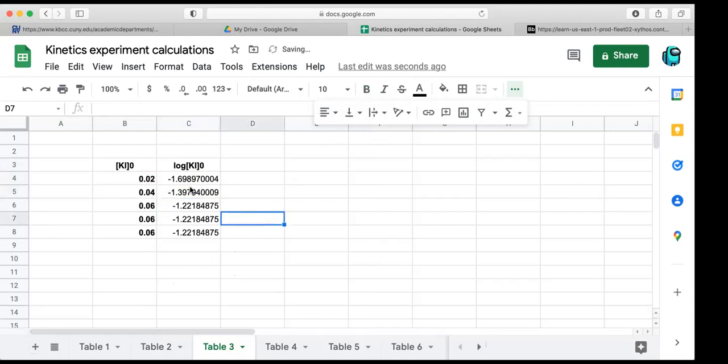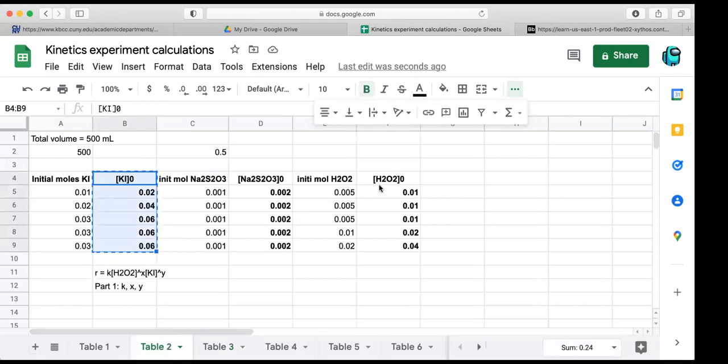Okay, so now notice, it's changing from experiments 1, 2, 3, not changing from 3, 4, 5, but that makes sense, right? Because if the concentrations aren't changing, the log of it's not going to change, okay? You're going to do the same thing for H2O2. So let me copy that.